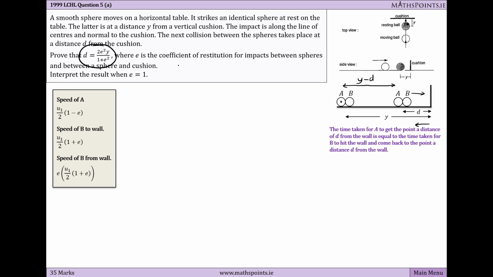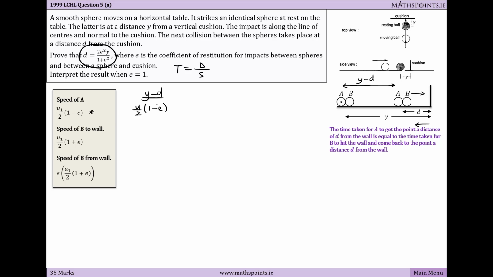So remember that time is equal to distance over speed. And so for the speed of A, we have u over 2 on 1 minus e, and the distance traveled is y minus d. So y minus d over u over 2 on 1 minus e. And you'll note that I'm just using u over 2. I had used the variable u1, but then realized later that there was no u2 in the question, so u would have been sufficient here.